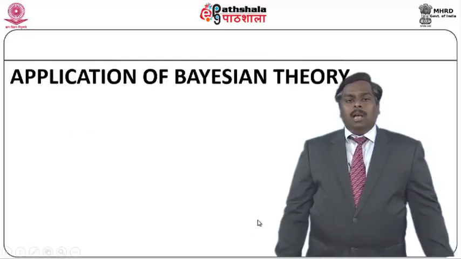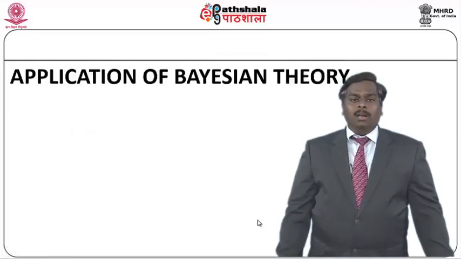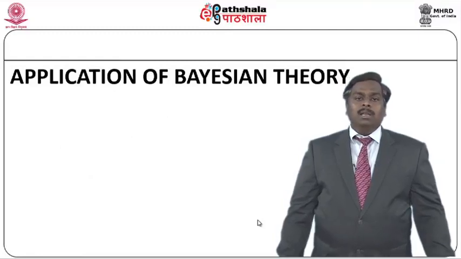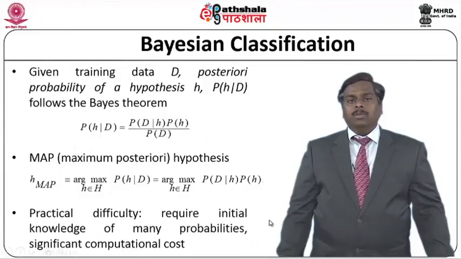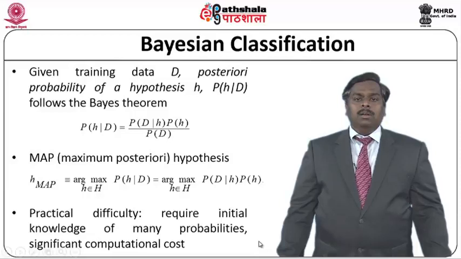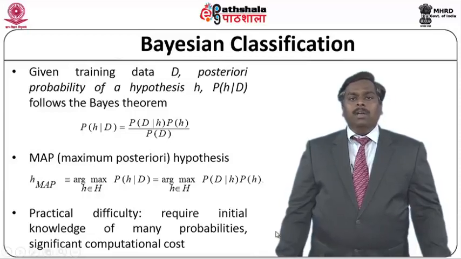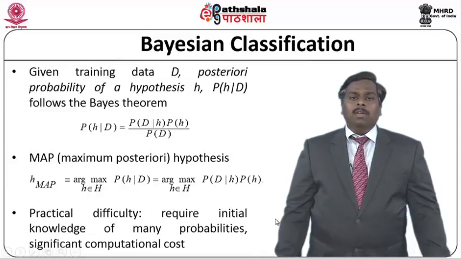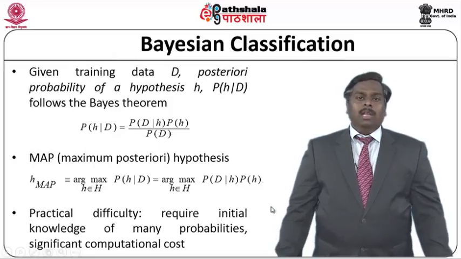Now, let us see how this Bayesian theory may be applied for analytics. In analytics, this Bayesian theory is normally used for classification, so it is called Bayesian classification. In Bayesian classification, given a training data D, we will be learning, in other words building, a classification model.